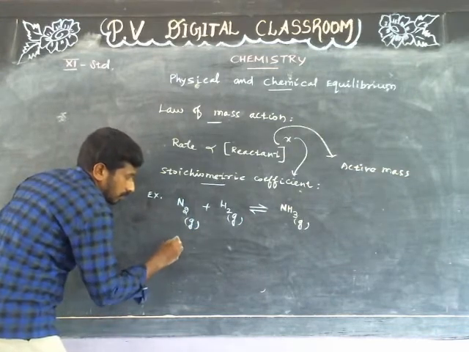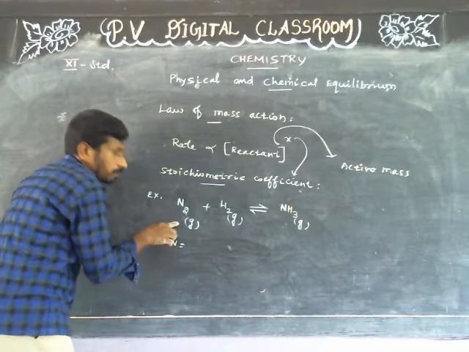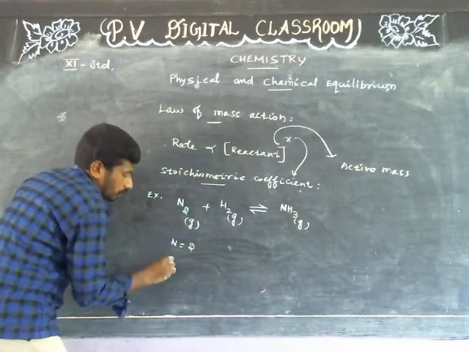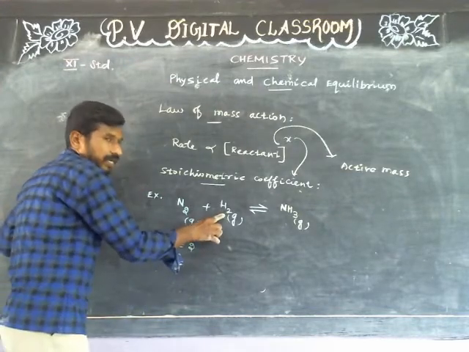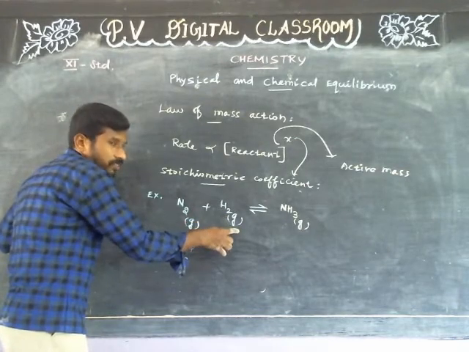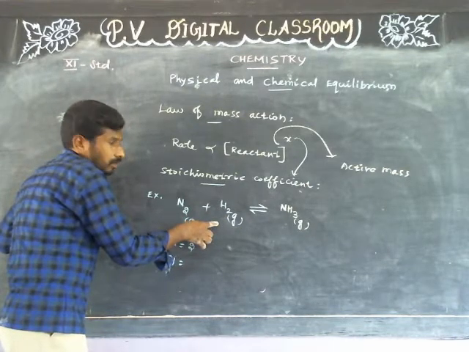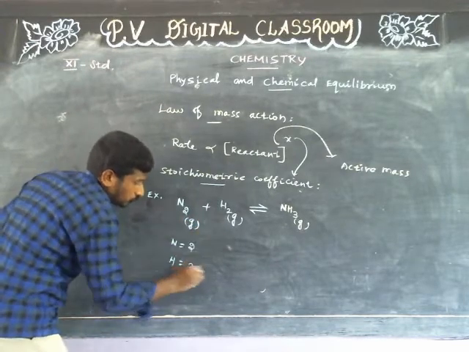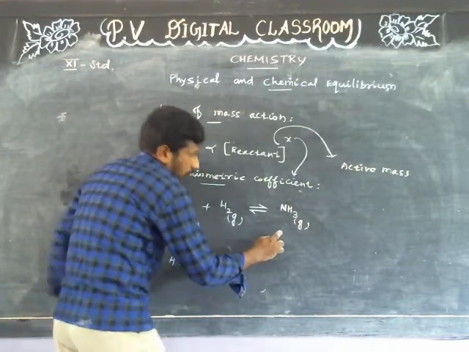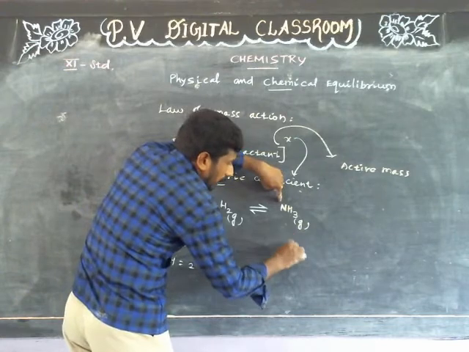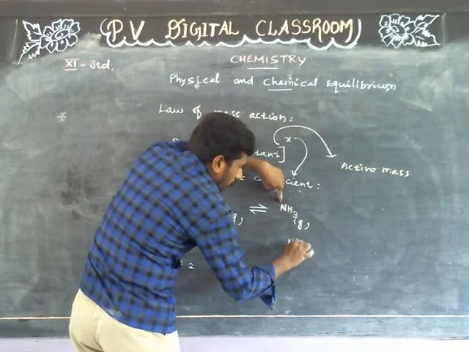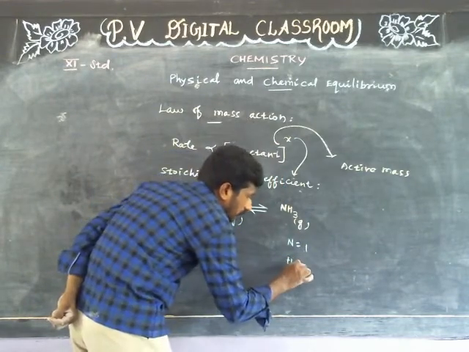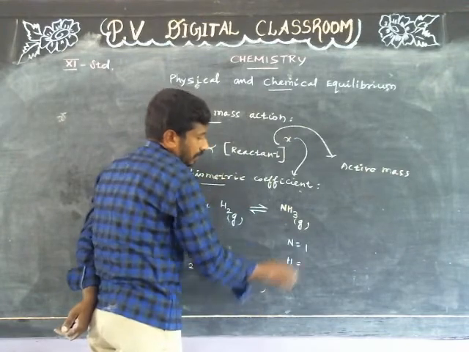In this reaction, the number of nitrogen atoms on the left hand side of this equation is 2. Similarly, the number of hydrogen atoms on the left hand side is 2. The number of nitrogen atoms on the right hand side is only 1, and the number of hydrogen atoms on the right hand side is 3.